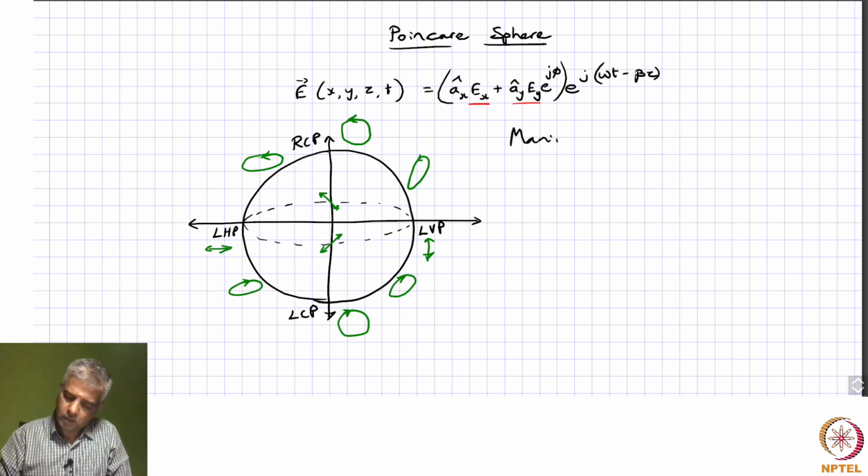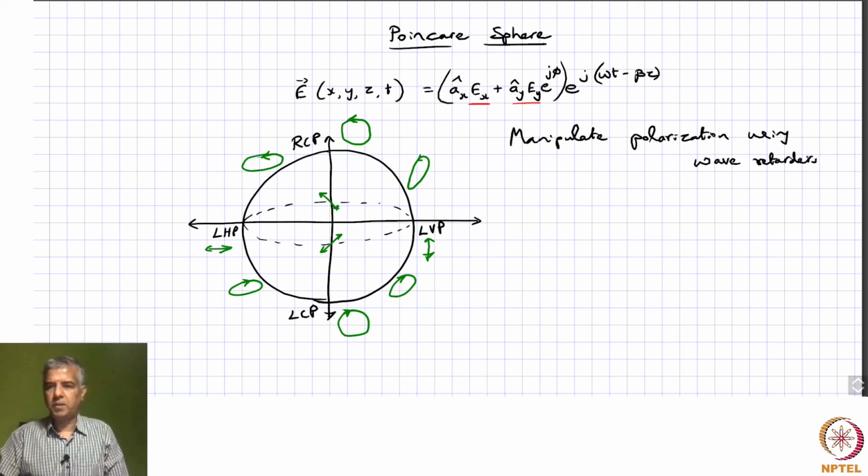It essentially introduces a pi by 2 phase shift between the two orthogonal polarization components. It moves you away from the equator. But let us look at what a half wave plate does.